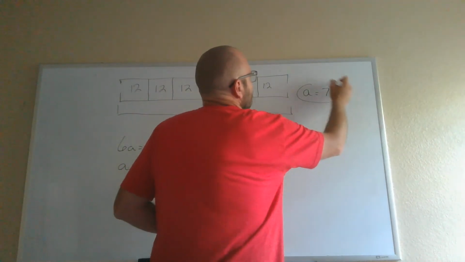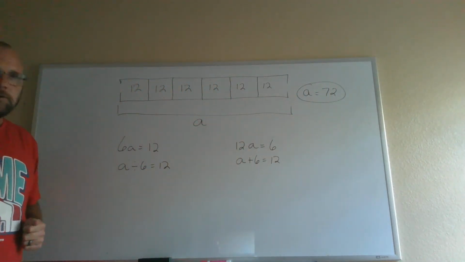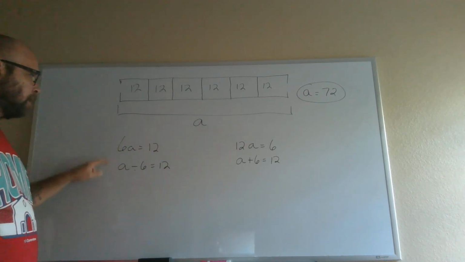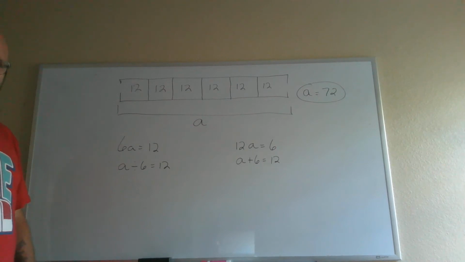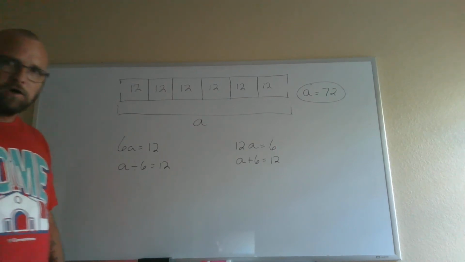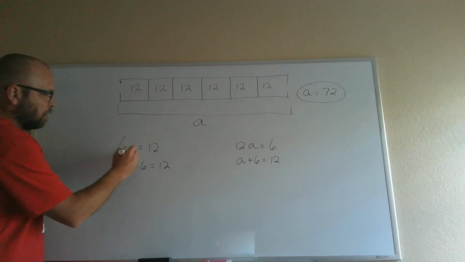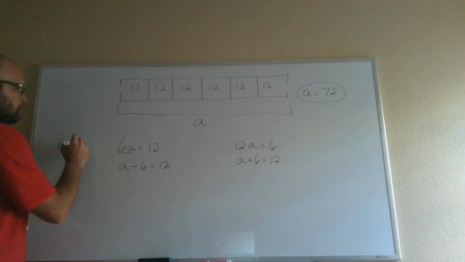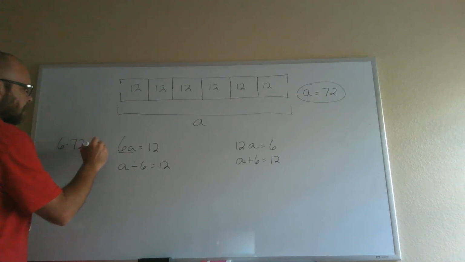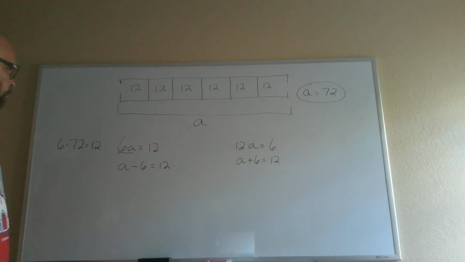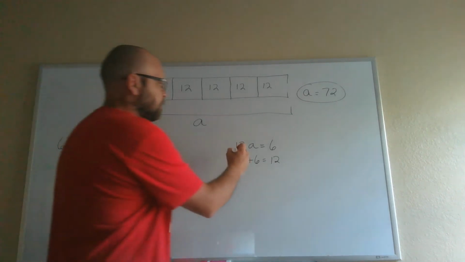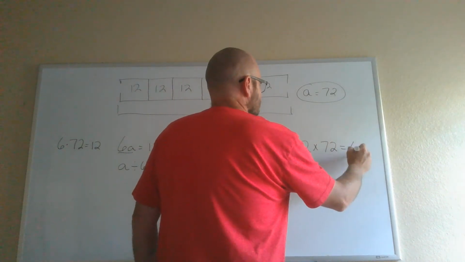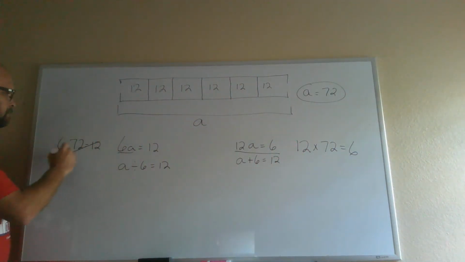Now, when I know A equals 72, then I just have to go through each of my 4 answer choices, and I replace the A with 72, and then see if that equation works. Okay? A number and a letter side by side means multiply. So if I do 6 times 72, is that going to equal 12? Of course not. If I do 12 times 72, is that going to equal 6?